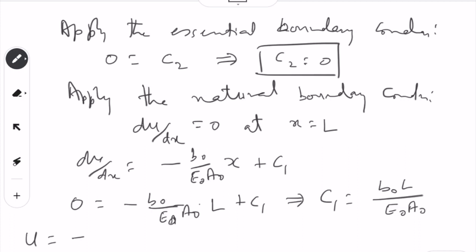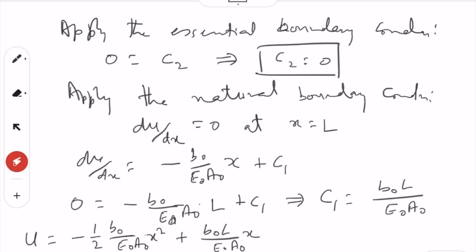Hence we can write the final value of u as minus half b naught over E naught A naught x square, plus b naught L over E naught A naught times x. So we get u equal to minus half b naught over E naught A naught x square plus b naught L over E naught A naught times x.